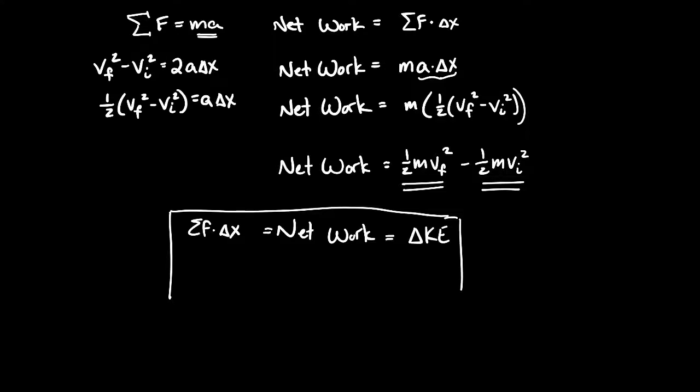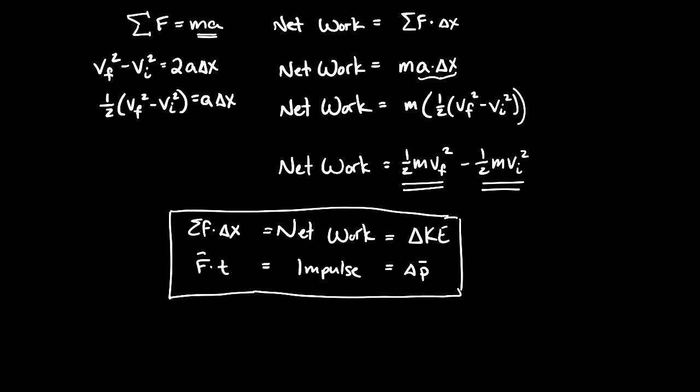Now, it might not be obvious, but this should look an awful lot like that, doesn't it? These form two sides of kind of the same idea. Impulse was the change in momentum.